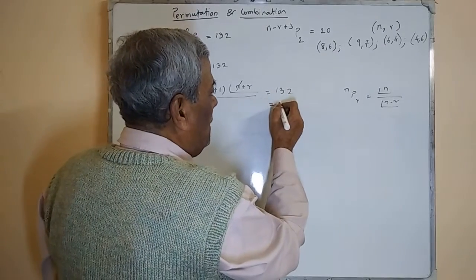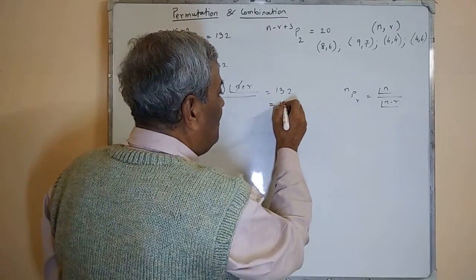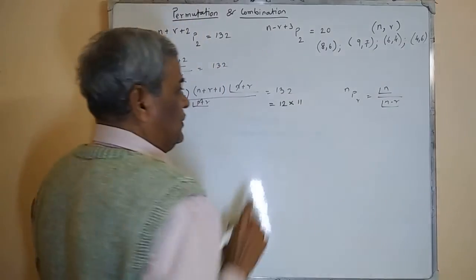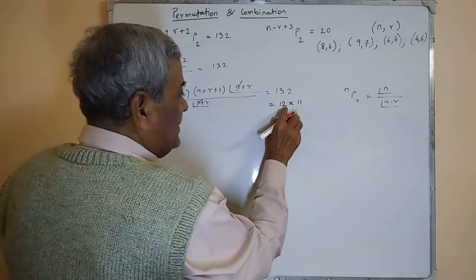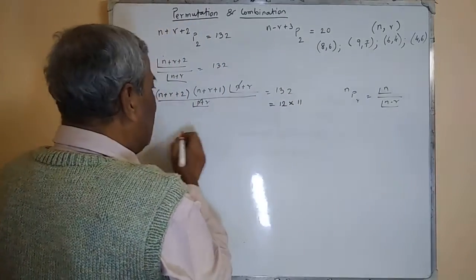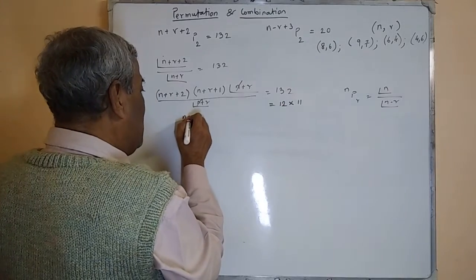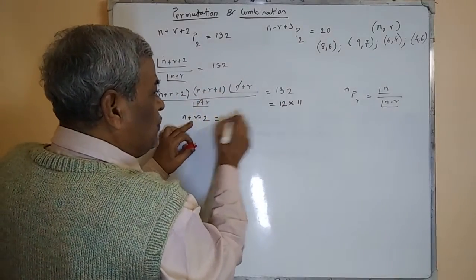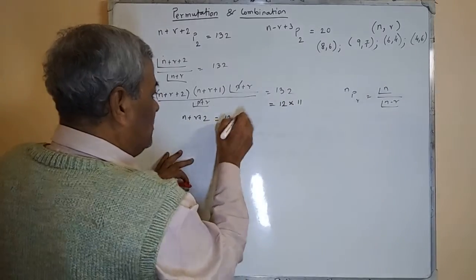It is actually 12 into 11. 12 into 11 is 132. This is just one more than that. So I can say very easily that n plus r plus 2, the greater factor, is equal to 12.